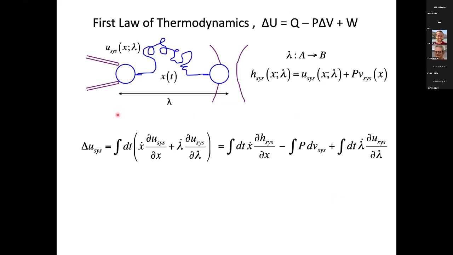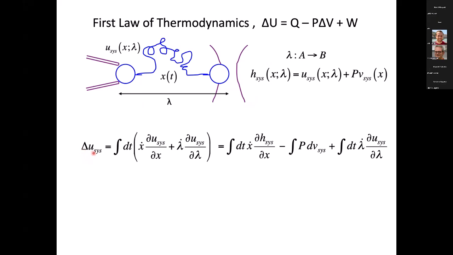And now let me imagine one realization of a process where the work parameter lambda is being changed externally from A to B. So let's say I'm stretching the molecule, and the system then evolves in its phase space along some trajectory x of t. Of course, really what's happening is the system and the surrounding environment is evolving in this much, much larger phase space, but I'm ignoring what's going on with the environment.